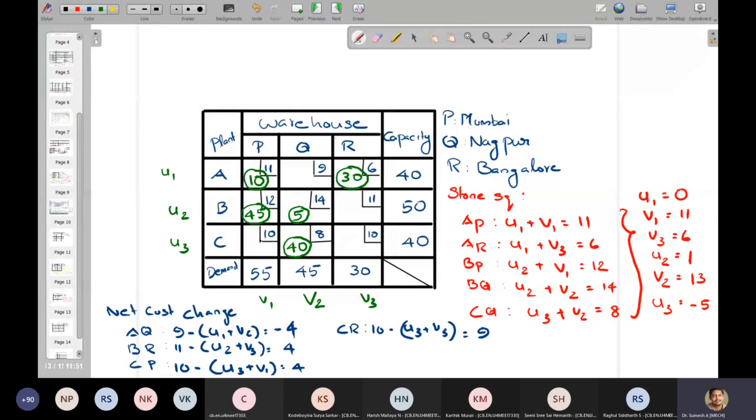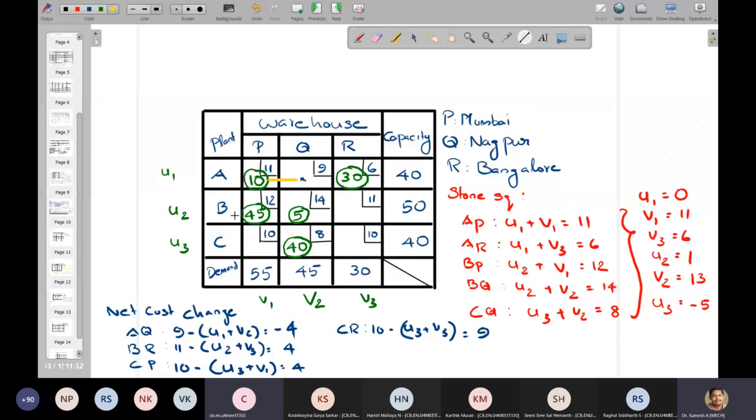So AQ is this cell. What is the next step? We have to form the closed loop. How do we form the loop? From AQ, to which cell? AQ to AP.